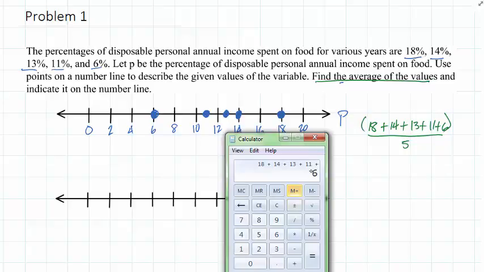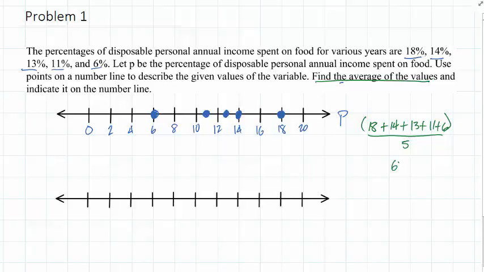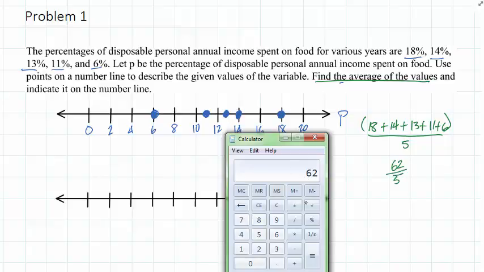So what I would like to do here is add them all up first. I'll press equal, and that gets me 62 up on top. So 62 in the numerator, and then I want to divide it by 5. So I have 62 divided by 5, and I'm going to get 12.4.